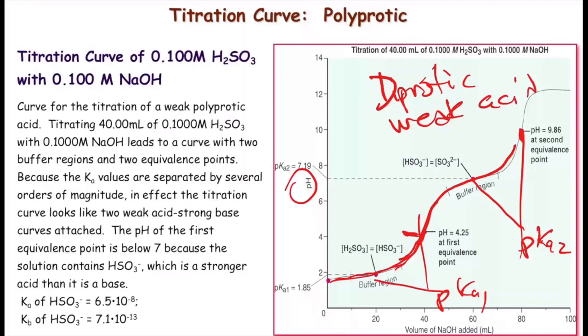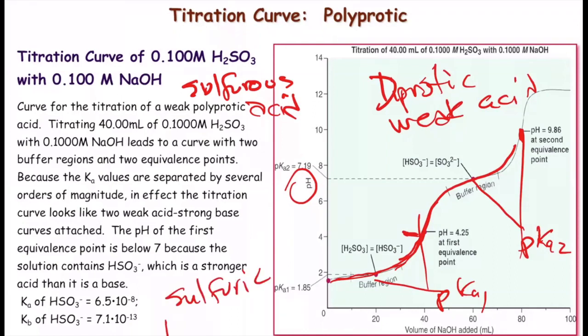And here's the verbiage on that. Okay, this is hypochlorous, not hypo, this is sulfurous acid, not sulfuric. Sulfuric is H2SO4. This is H2SO3.